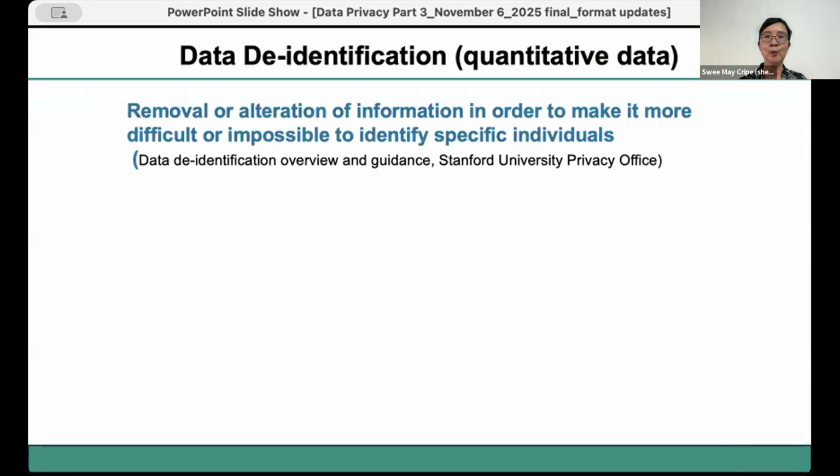So we talked about data de-identification, as Jen has described, is removing or altering the information in order to make it more difficult or impossible for someone to be linked to the data. As she had mentioned with the scenario with Sam's situation, there are little nuances that we need to be aware of to protect the identity of specific individuals.